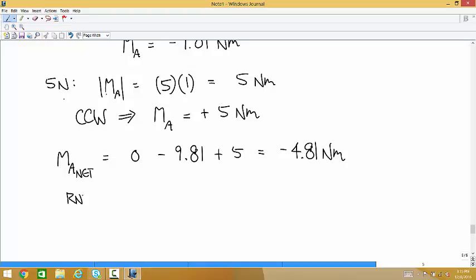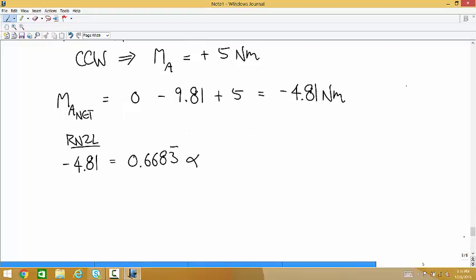And so the rotational Newton's second law says the net moment, negative 4.81, is equal to the moment of inertia, 0.6683 repeating, times alpha. And so alpha is equal to negative 7.20 radians per second squared.